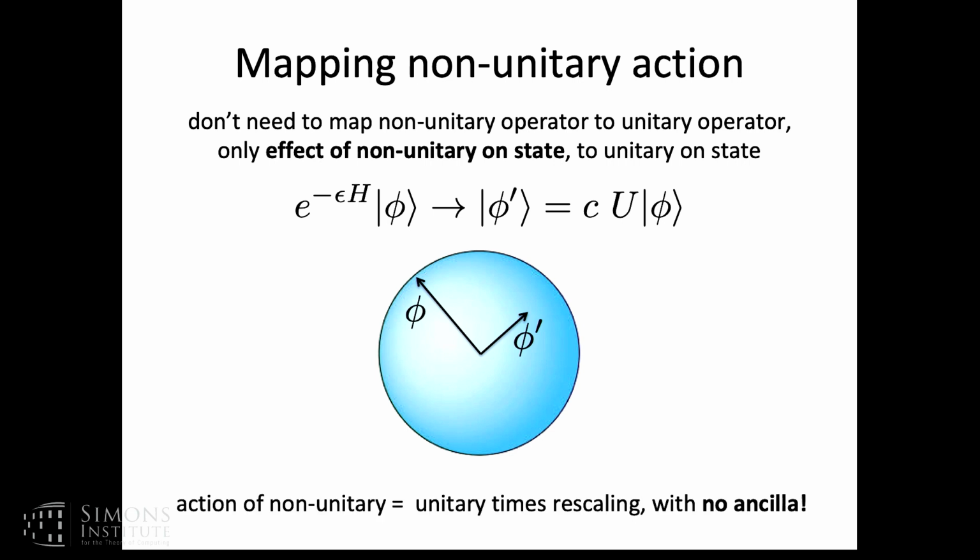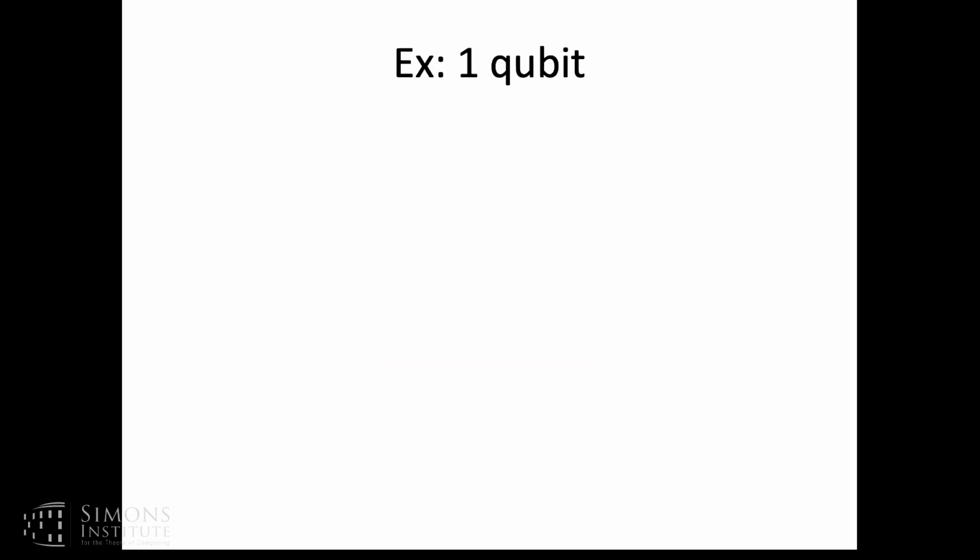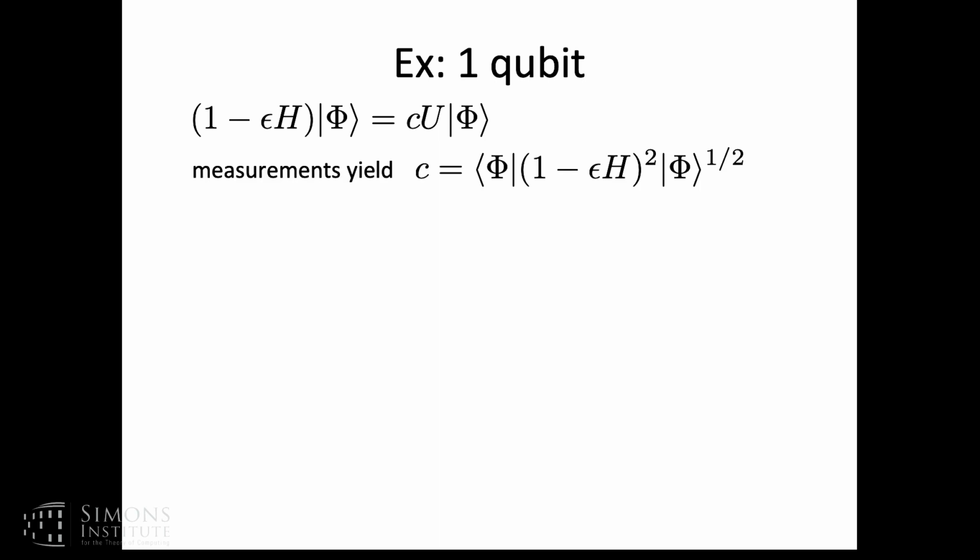Okay, so I'll illustrate how we can do that for one qubit, and then I'm just going to say that's possible in general since we're going to run out of time. In one qubit, for example, this is the action of the imaginary time operator for very small time on the state, and it maps onto a constant times a unitary times the state. You can see immediately this constant is just a normalization constant of this object, so I can just do some measurements in some NISQ-like way, measuring expectation values to get this number.